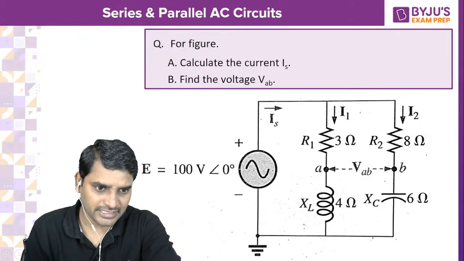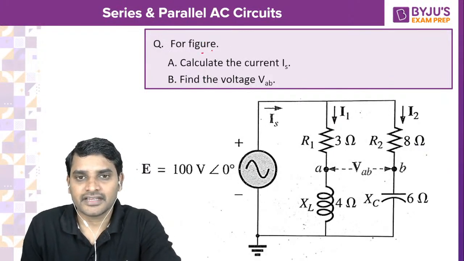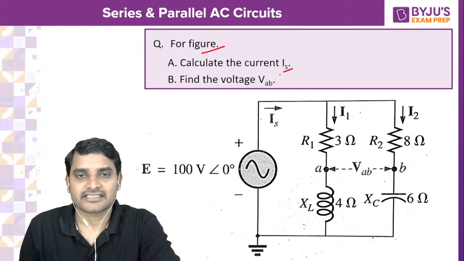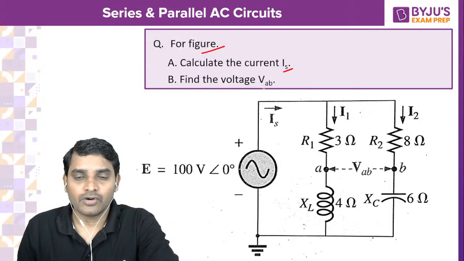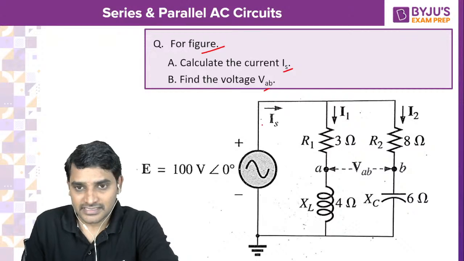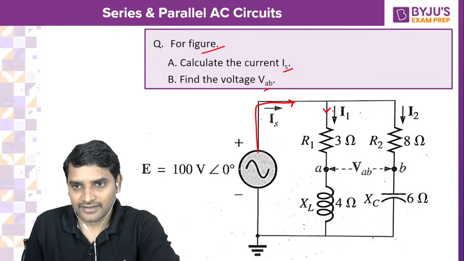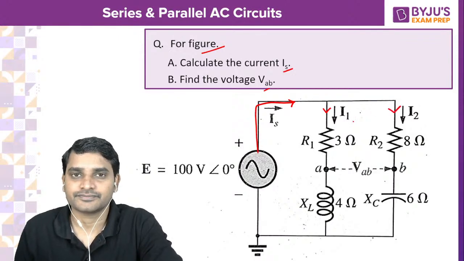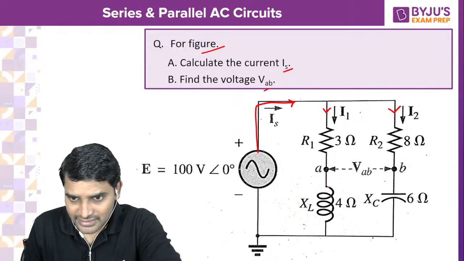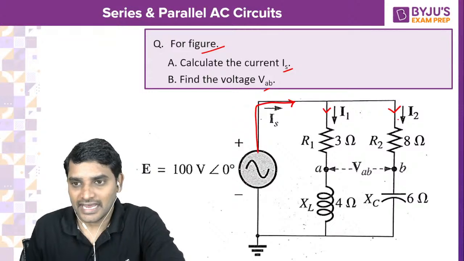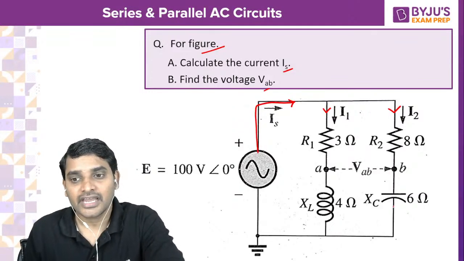You see everybody, for the figure, calculate the current IS and find the voltage VAB. Where is IS? IS is the source current. If you want to find this current, you have to calculate I1 and I2. Obviously, I1 is the current which is flowing through R and XL. I2 is the current which is flowing through R2 and XC.